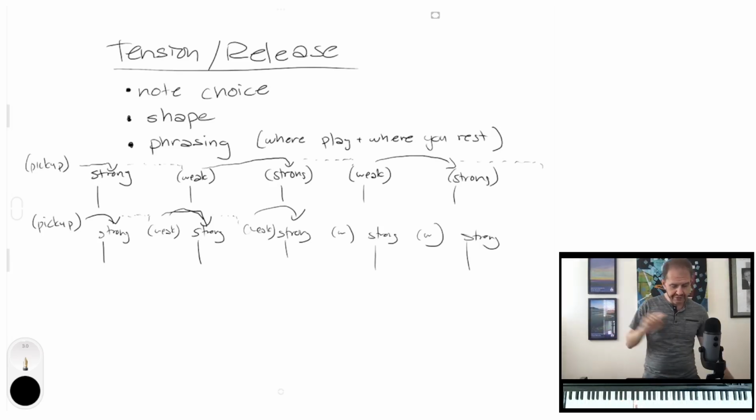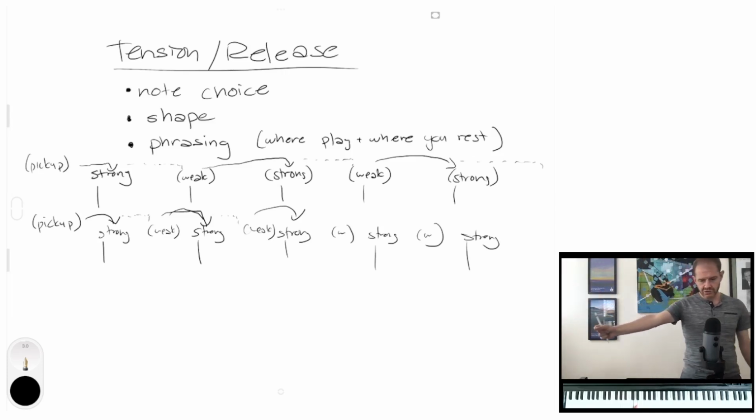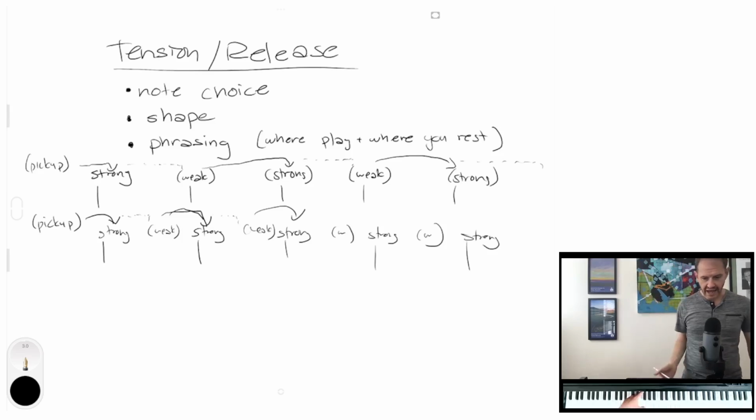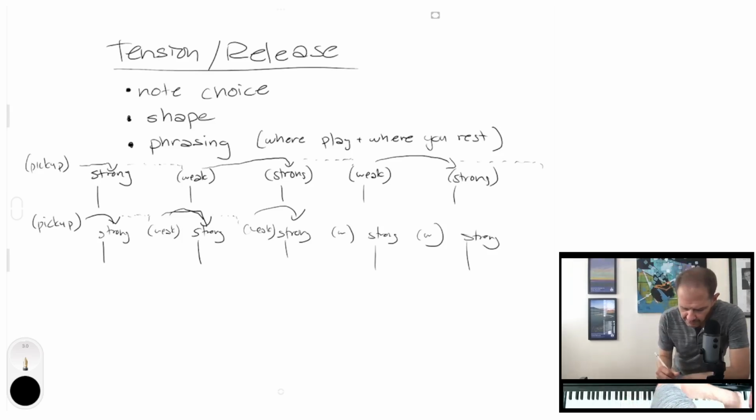So we've got all three of these things: this ascending shape, phrasing that aims for the strong beat, and then a note choice that really provides clarity. And our two notes before that are two of our tense notes. So tense, tense, relaxed.